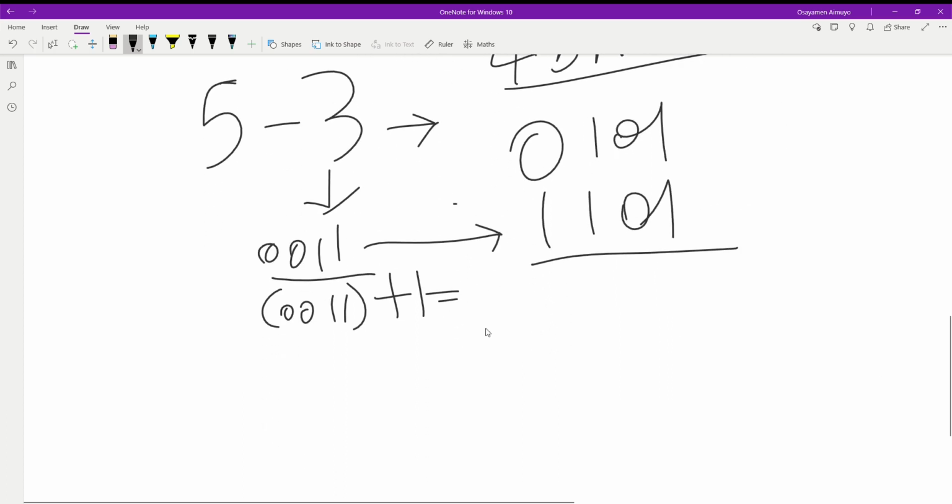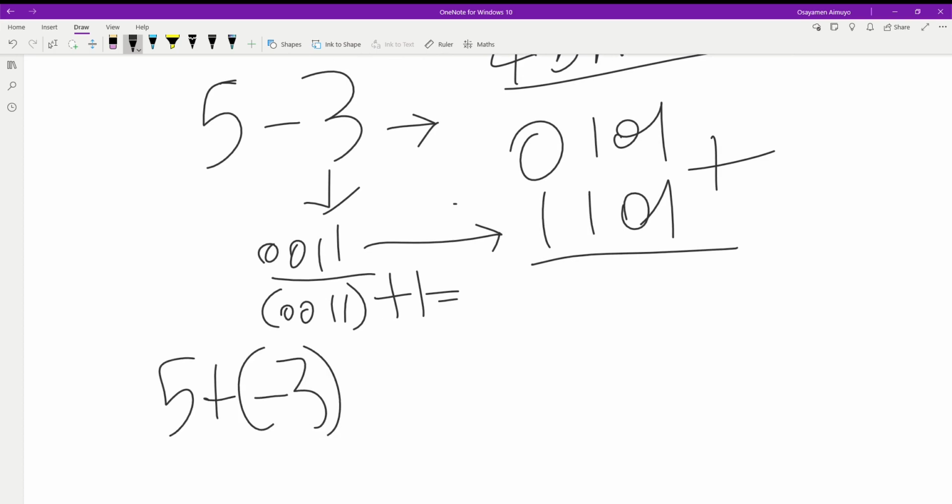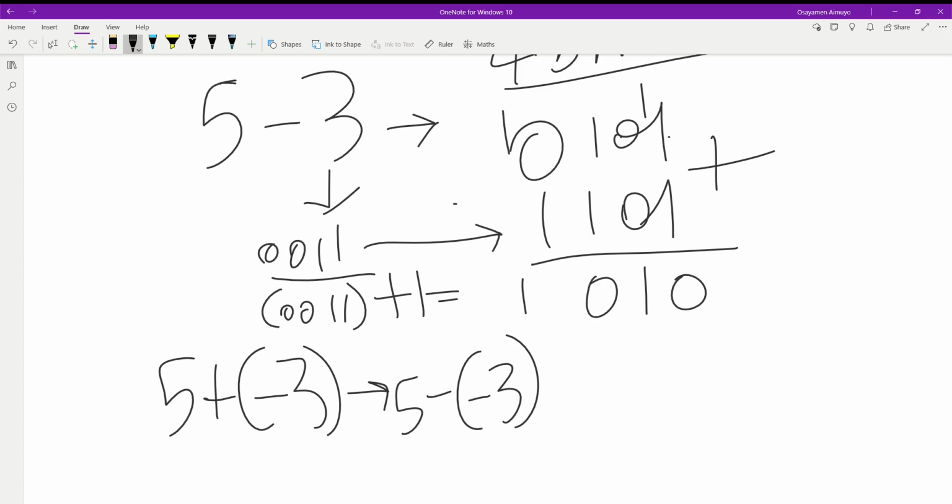Now we add, because remember, you have 5 plus negative 3. We don't do 5 minus negative 3. In fact, that defeats the purpose, because we do not want to subtract using the normal subtraction method. We want to add because it's much easier. So normal binary addition, nothing special here.